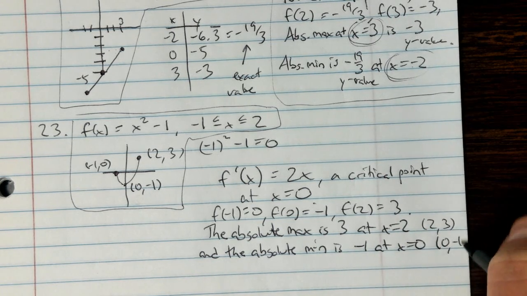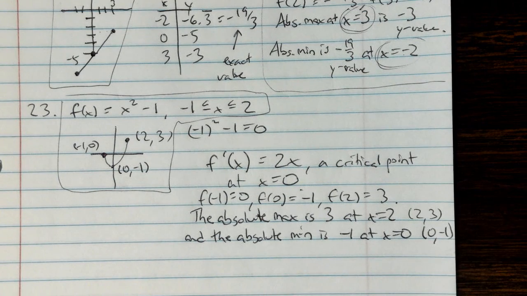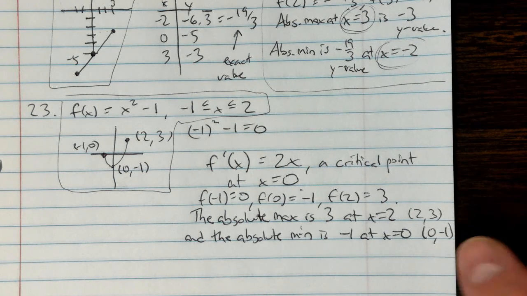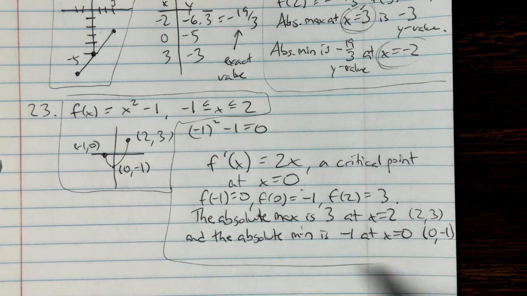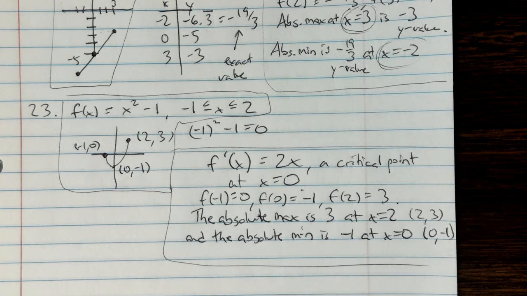So again, 0, negative 1. In Math Excel, it's not going to want the ordered pair, but I'm just doing that for understanding purposes. So there's your information for 23.